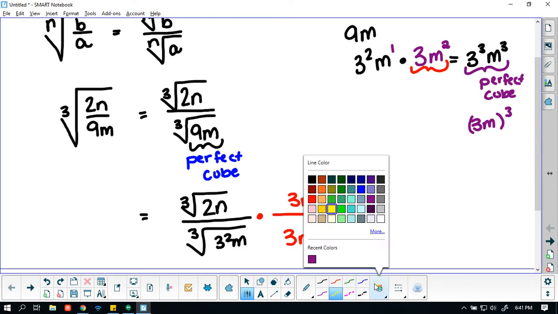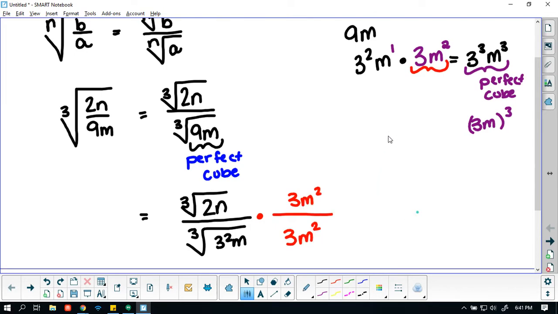So remember back in the same concept that for me to multiply any numbers within the radical, I have to have the same index. And in my case here, I don't even have a radical.